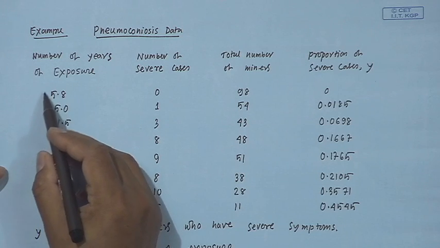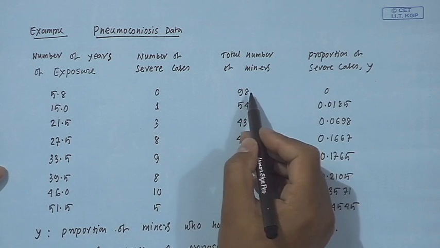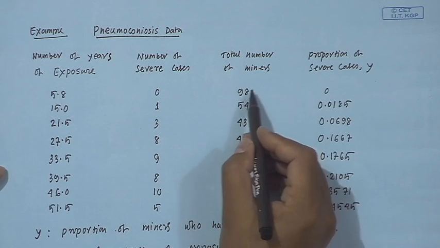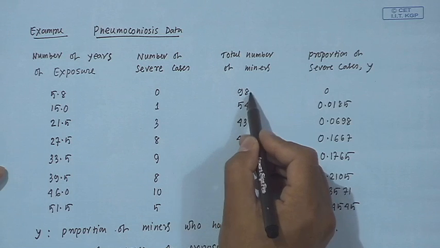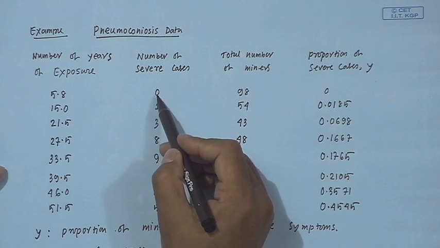So, number of years of exposure is, say, 5.8 years, and the total number of miners is 98. So, for these many workers, the number of severe cases is 0.